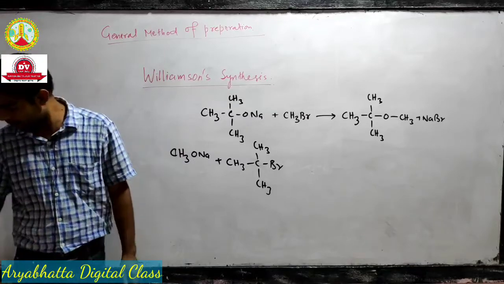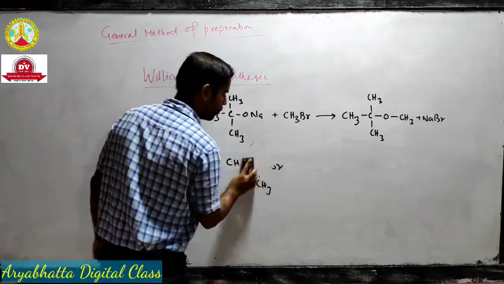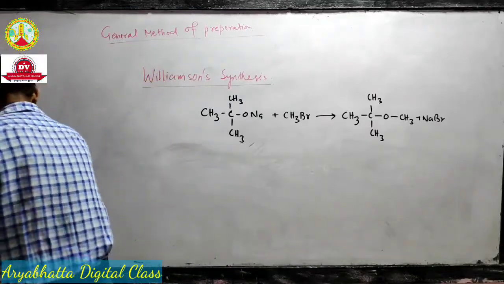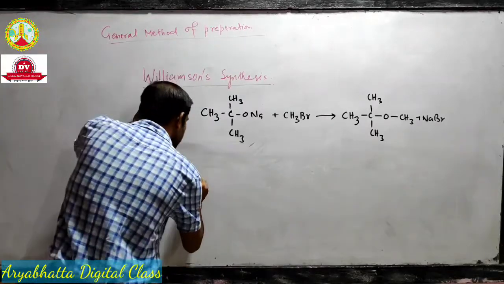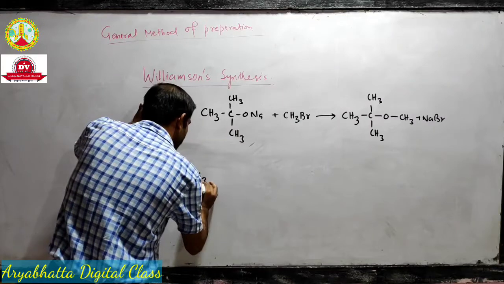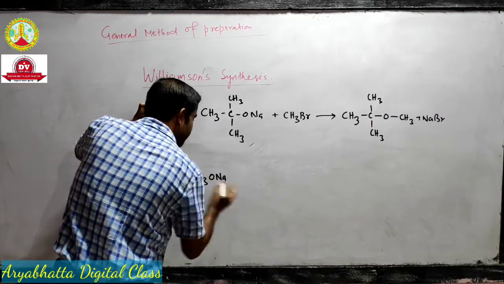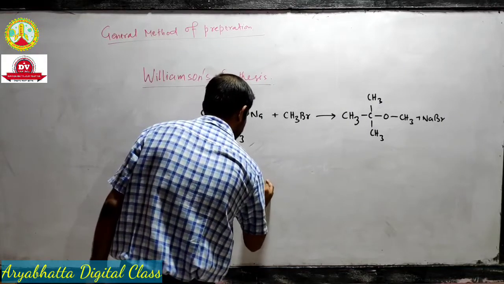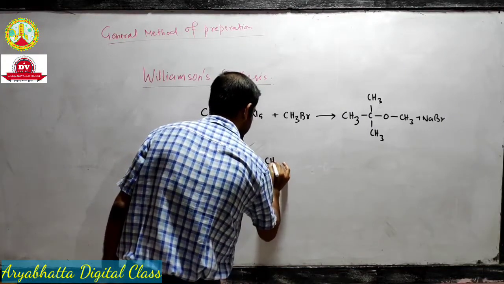Let me write it clearly so that you do not get confused between the two reactions. So I will make it a 1 degree alkoxide and change the alkyl halide to 3 degree.